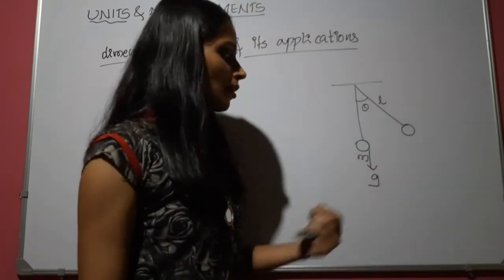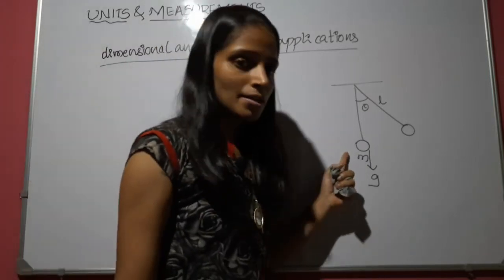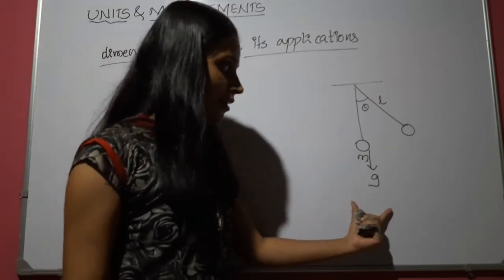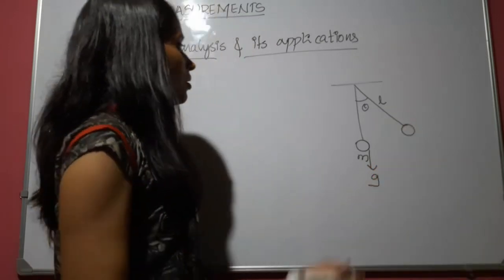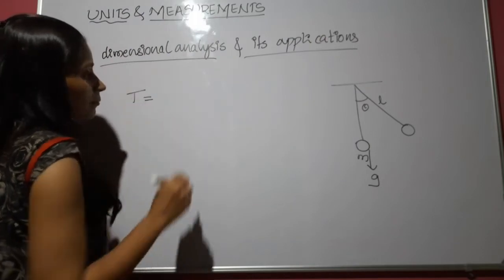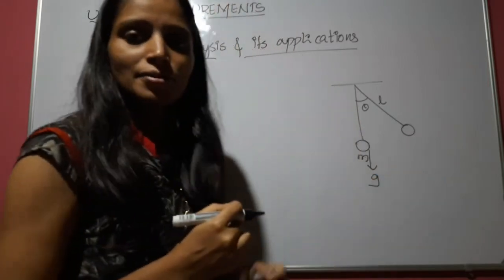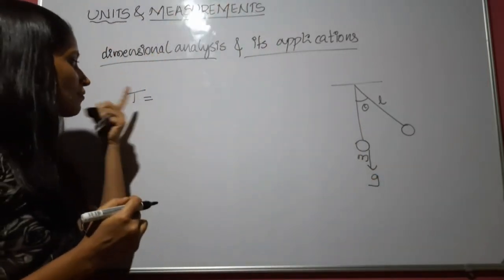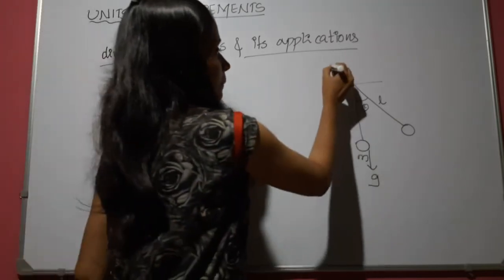ಇದರ ಟೈಮ್ ಪೀರಿಯಡ್ ಅವರ ಅಬ್ಸರ್ವೇಷನ್ ಪ್ರಕಾರ ಏನು, ಟೈಮ್ ಪೀರಿಯಡ್ ಮೇ ಡಿಪೆಂಡ್ ಆನ್ ದ ಮಾಸ್ ಆಫ್ ದಿ ಬಾಬ್ ಆ್ಯಂಡ್ acceleration due to gravity and length of the pendulum. So we'll take, ಬಟ್ ಯಾವ ಡೈಮೆನ್ಷನಲ್ಲಿ ಡಿಪೆಂಡೆನ್ಸಿ ಇದೆ ಅಂತ we can deduce this, the equation for the time period of the simple pendulum.